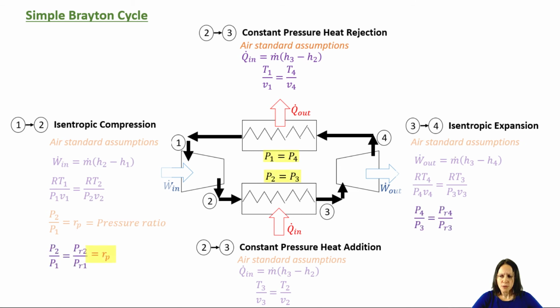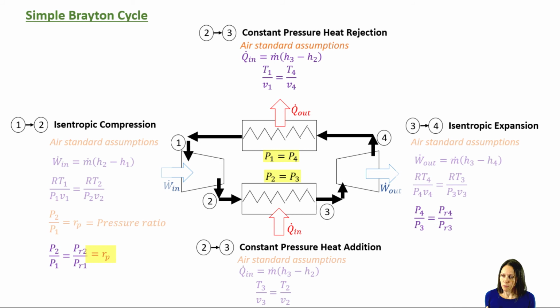So let's see, I'm almost done. But there's one additional thing I can do. I noticed that there's not a pressure drop from state 4 to state 1 or 2 to 3, and the reason we can say that is because this is an ideal cycle. Everything's operating reversibly, meaning we don't have any fluid friction, which would cause a pressure drop as the air flowed through that heat exchanger.